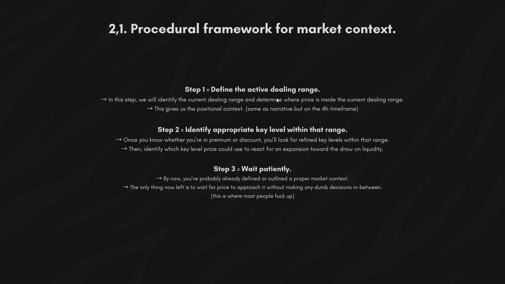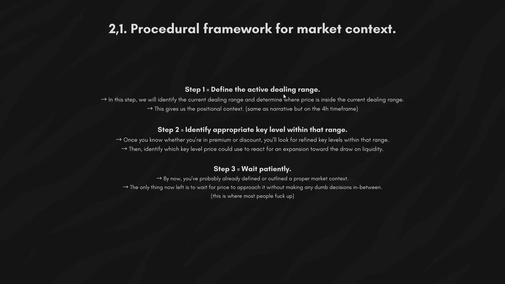And what I mean by that is, let's say you are trading on Tuesday, and on the higher time frame, on the daily time frame, you determine that the directional bias for Tuesday is bearish. So now your job on the intermediate time frame, on the 4-hour time frame, would be to find and identify a dealing range that is aligned with that directional bias, meaning it must be a bearish dealing range.